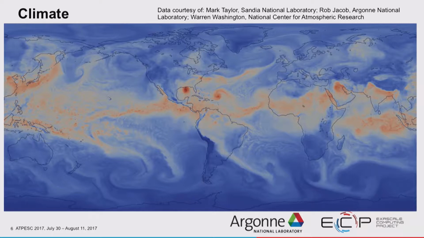In this case, they started with observed data. They took observed data, plugged it into their models, and ran their models forward. Then they're able to go back and compare the results of their simulations with the observed data, see how close they are, make adjustments, and whatnot. So that's another example.